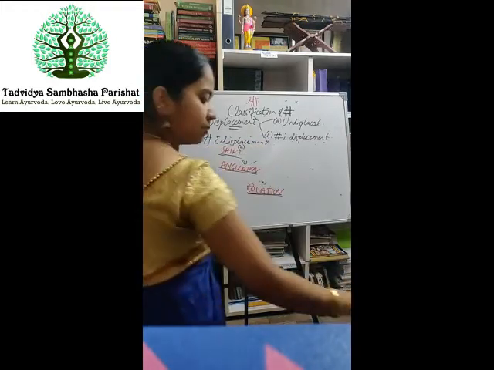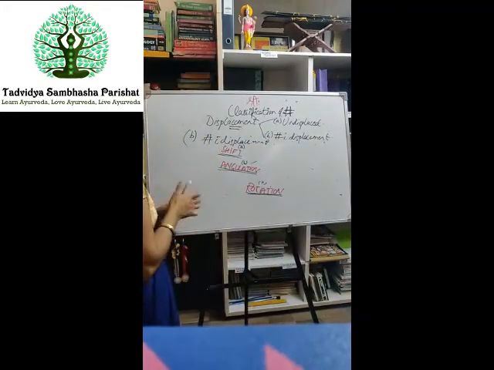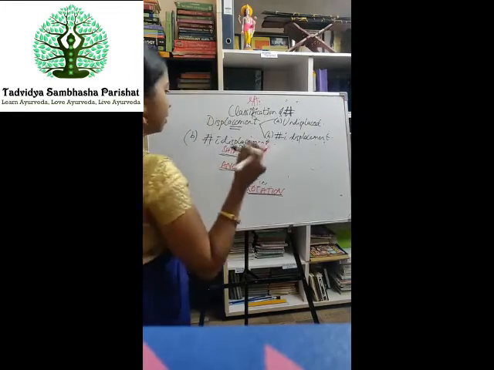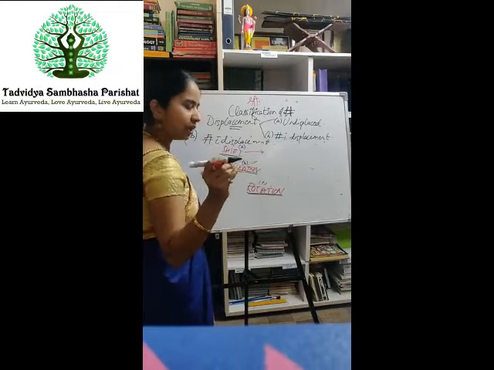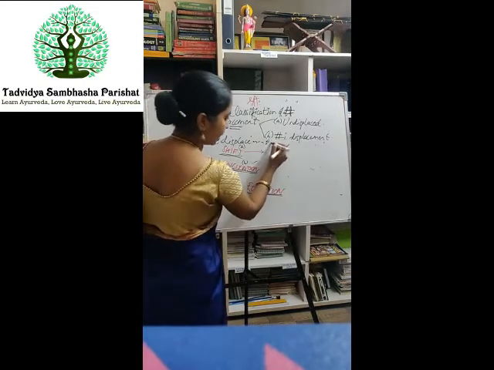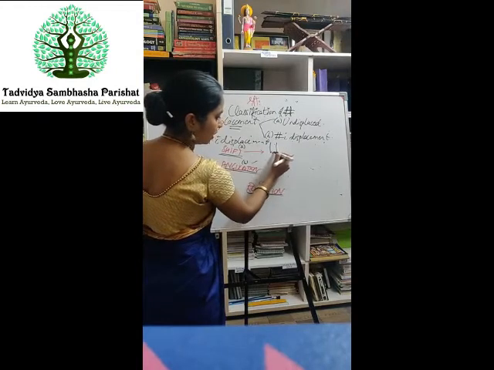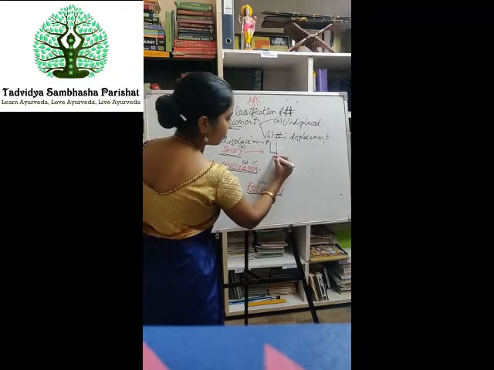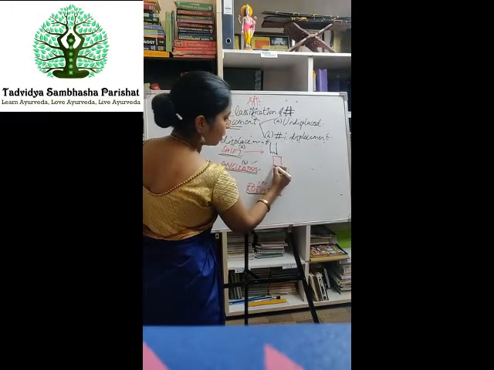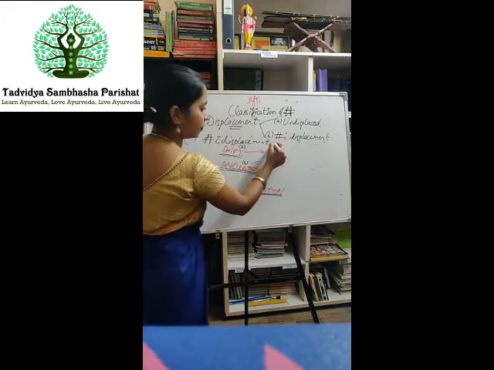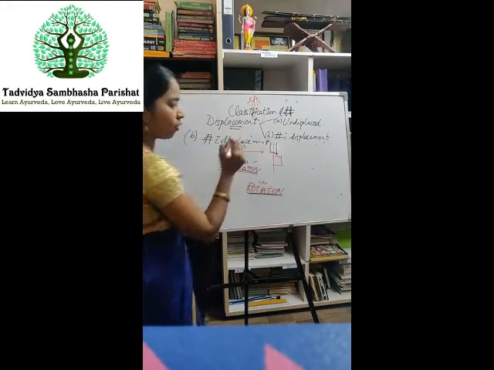So first is a simple shift. In the case of simple shift, what has happened? I'll write the proximal fragment in black and the distal, displaced fragment in red, so that it is easy to understand. This is the proximal fragment and here you have the fracture. In simple shift, the distal fragment has shifted from the vertical axis of the bone.